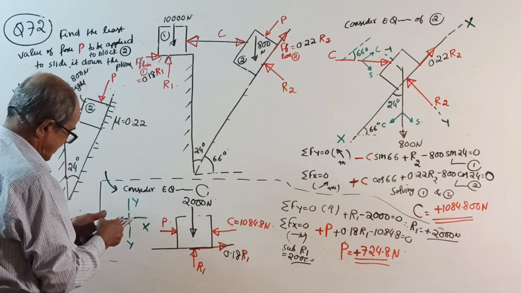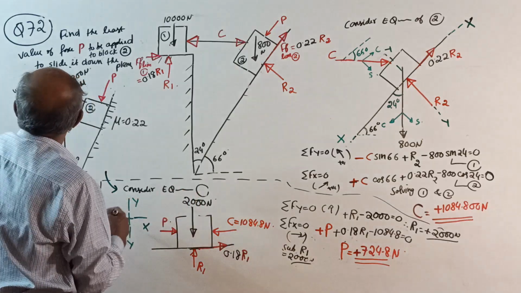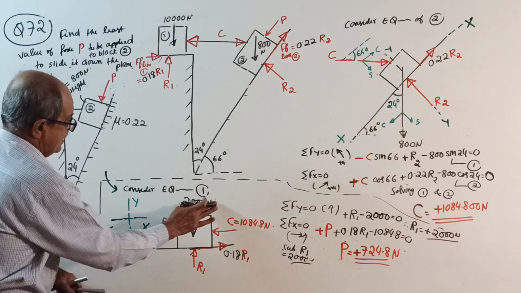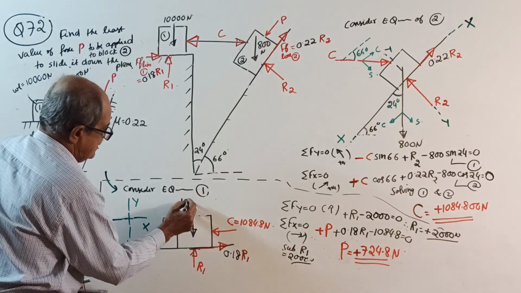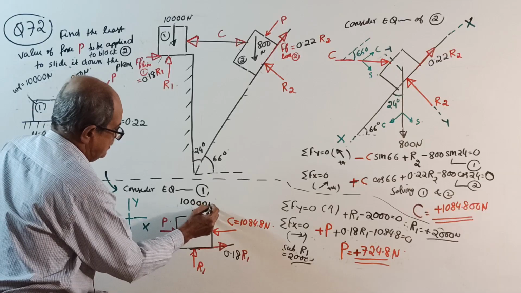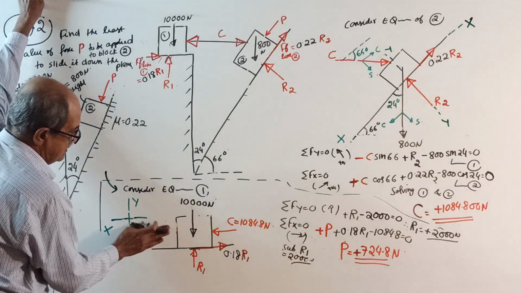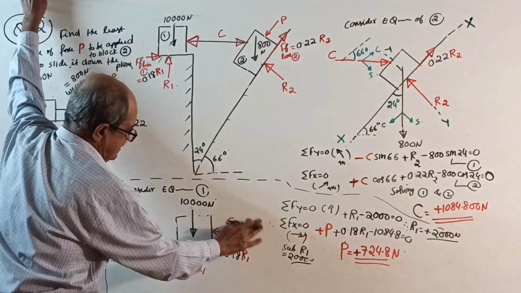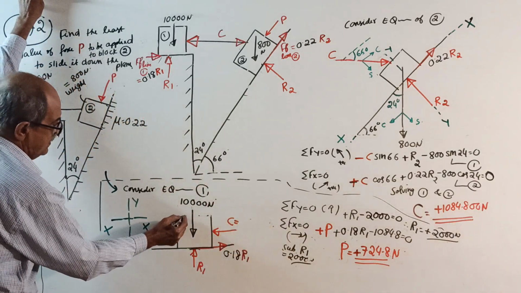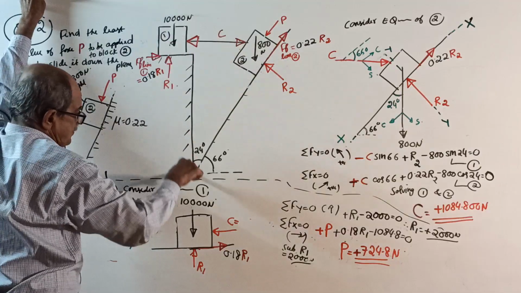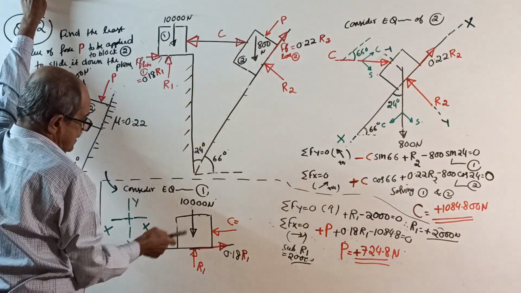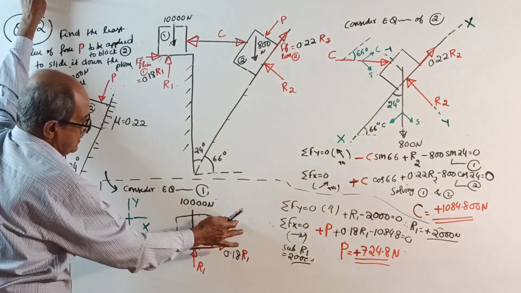I have explained this many times already. Block 1: the weight is 10,000 Newton, then R1, C and 0.18 R1.